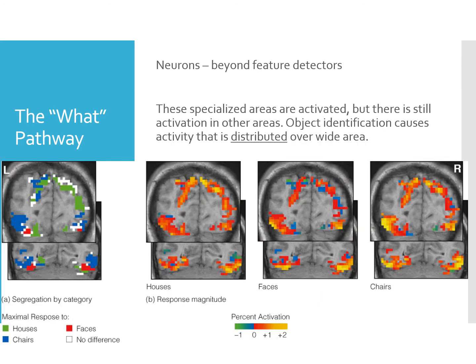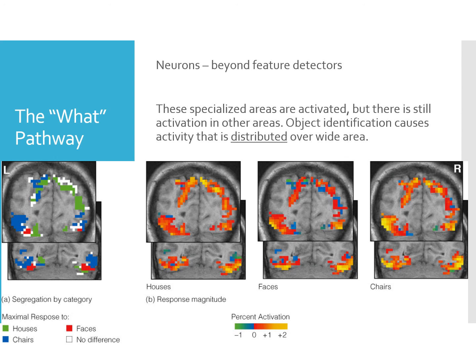And as I've talked about these modules, which most of the textbooks do, I've stolen this. I think this is from Goldstein, because I really think it's important to keep in mind that even though we have these specialized areas that are activated, and we're seeing really maximal response in a certain area, so my fusiform face area, for example, for faces, I'm going to keep coming back to that one because it's easy to point out on the slides, we're seeing distributed activity over a wide region of the brain for any of these.